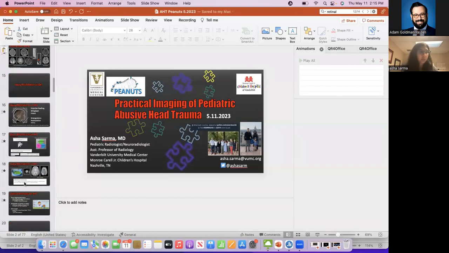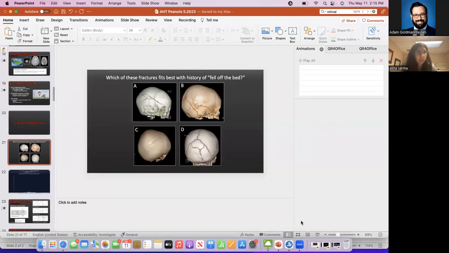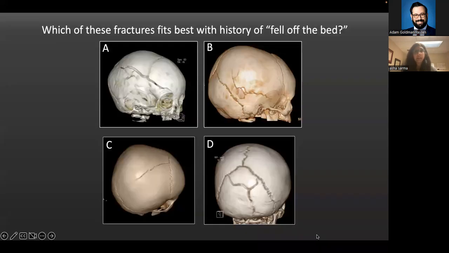For this particular question, I made a slide of it before the Poll Everywhere slide, because the images were coming across a little small and I wanted you to be able to see them. So which of these fractures fits best with a history of fell off the bed? Is it A, B, C, or D?